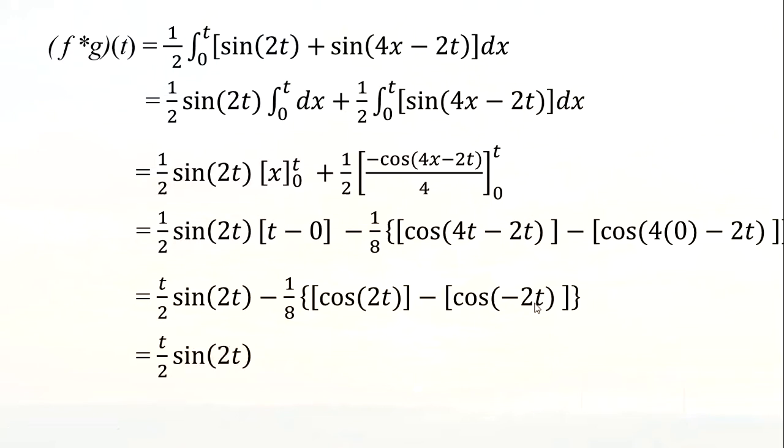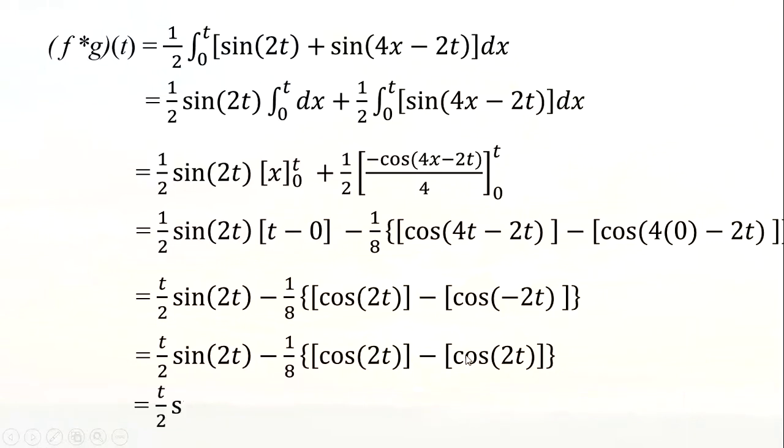So in the next step we are applying cos minus 2t becoming cos 2t. Here cos minus x is equal to cos x. There is a rule. Now these two things are the same, cos 2t, so they are getting cancelled. The next step, it becomes only this part because this term is coming 0. So this is the inverse Laplace transformation of the given function by using the convolution rule.